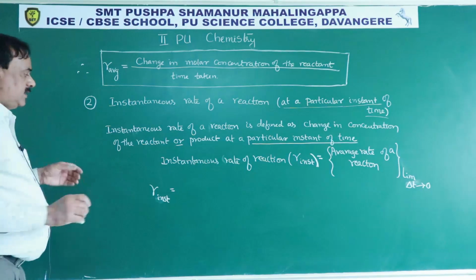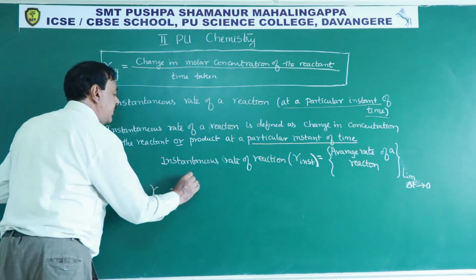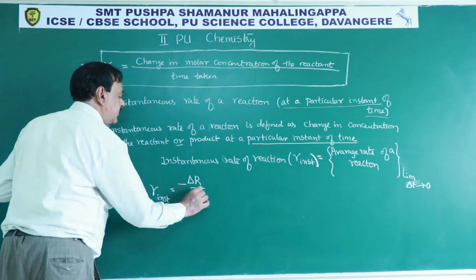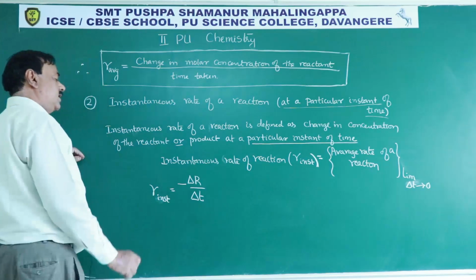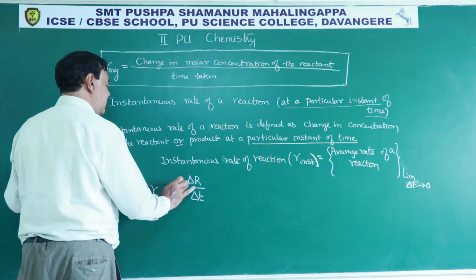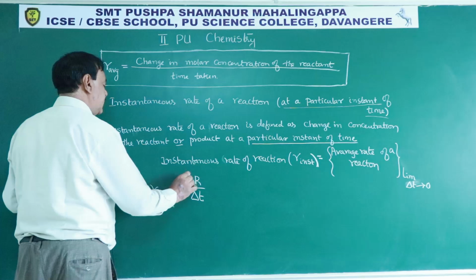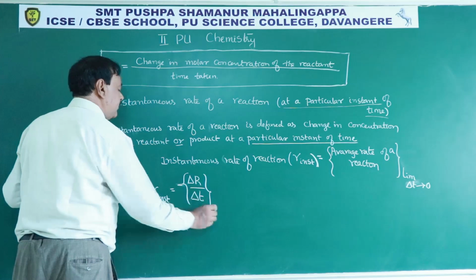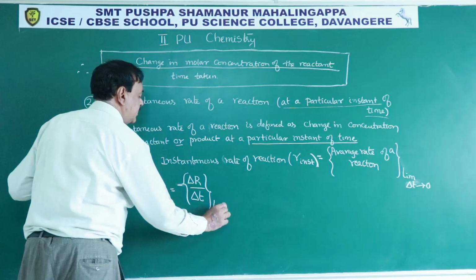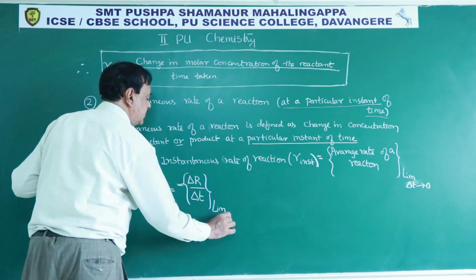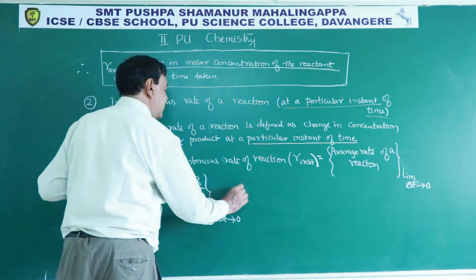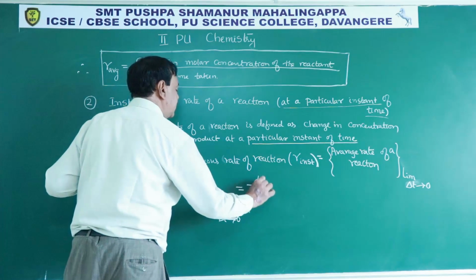With respect to the reactant side, minus delta R divided by delta t, whenever the limit delta t tends towards 0, can be written as minus dR by dt.